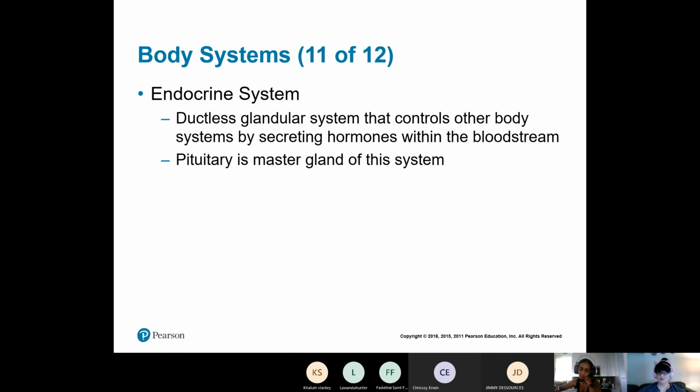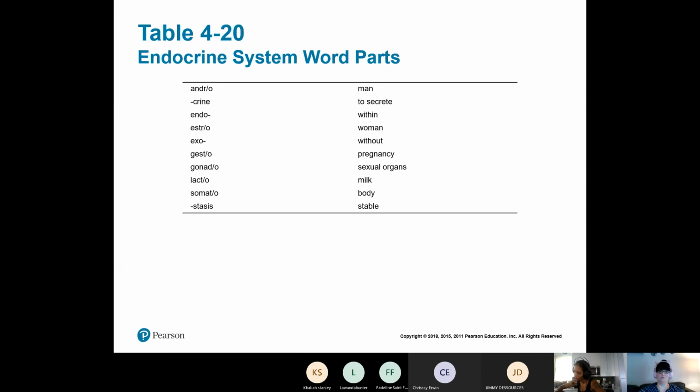Because our endocrine system is our hormones, our thyroid, our adrenal glands, our pancreas, so many things. And part of homeostasis is maintaining a healthy endocrine system. All right, and we'll learn about that.